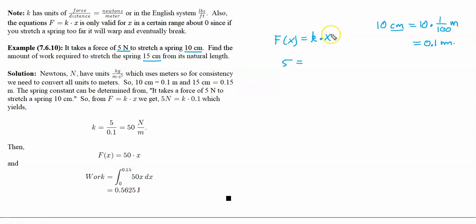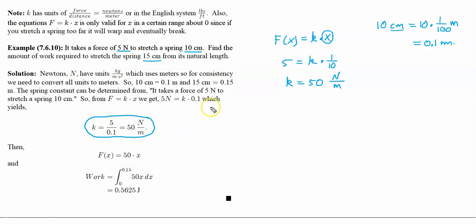Okay, so if we put in place of the x here 0.1, or 1/10, then we can solve this equation for k, and we get that k equals 50 newtons per meter. Okay, and that's what we have right down here.